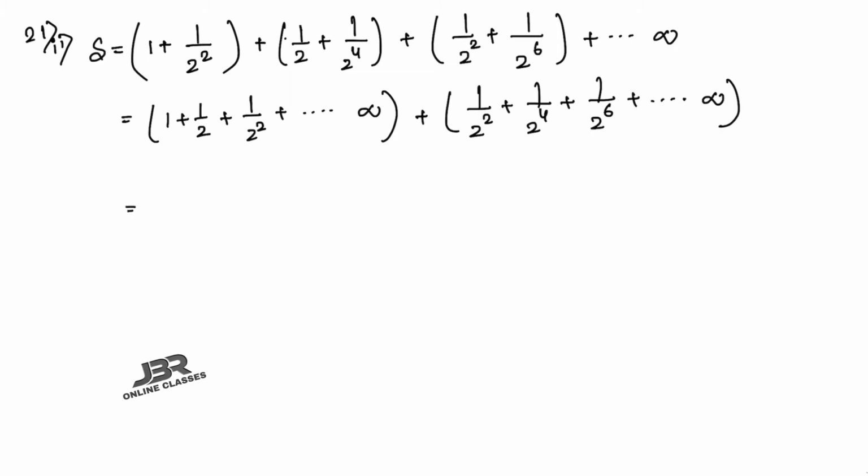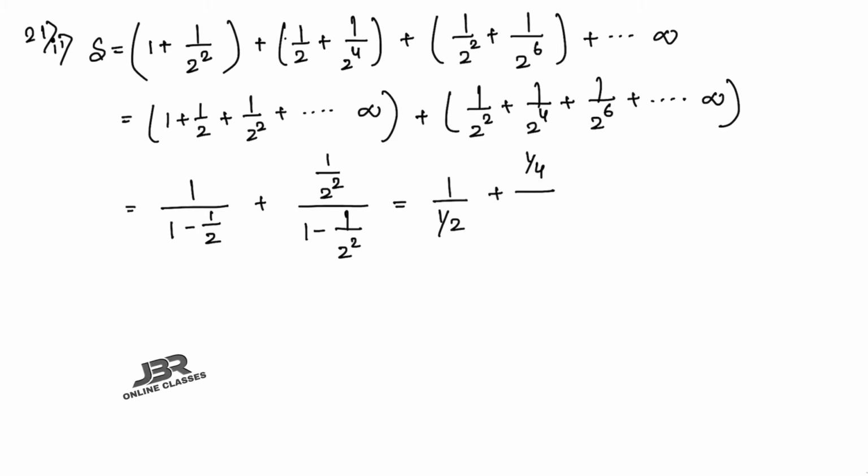So the first, by the formula, is 1 by (1 minus 1 by 2), and the next one is (1 by 2 to the power 2) by (1 minus 1 by 2 to the power 2). That equals 1 by half plus (1 by 4) by (1 minus 1 by 4), that means 3 by 4, so 4 cancels out: 2 plus 1 by 3, and that is equal to 7 by 3 as your answer.